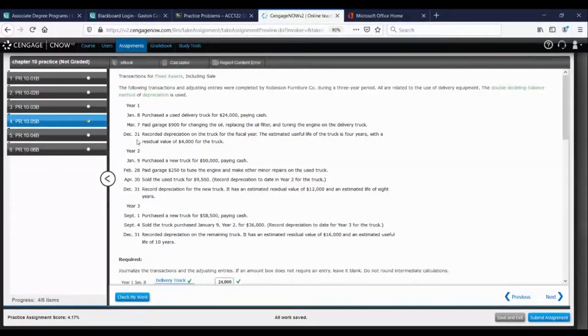On the December 31st transaction, they're telling us that we need to record the depreciation on the truck for the fiscal year. December 31st is the end of our fiscal year, and since we bought that truck on January 8th, we're going to depreciate for 1 full year. The estimated useful life of the truck is 4 years. We need that in calculating our straight line rate.